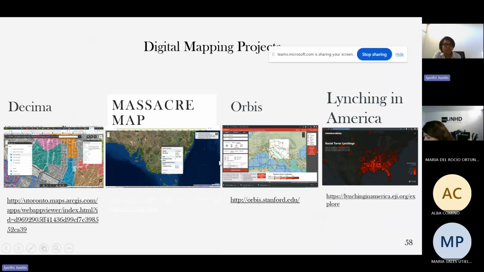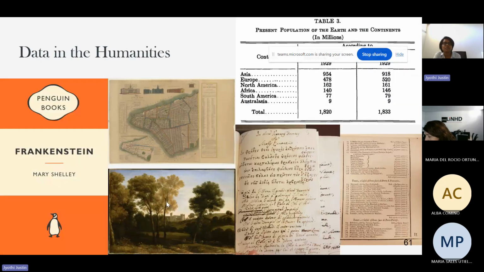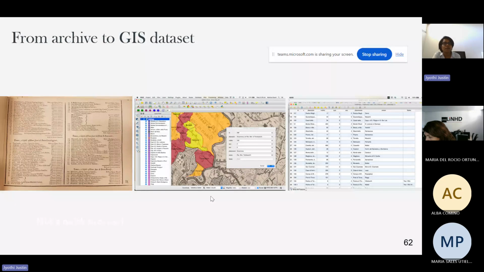And there are other projects like lynching in America, Decima, etc. If you have data, and by data in the humanities we mean we can look at novels or fiction, and also non-fictional narratives, and link both the fictional and non-fictional, or you can just focus on fictional data, and create your own GIS data sets by assigning a coordinate value to it.